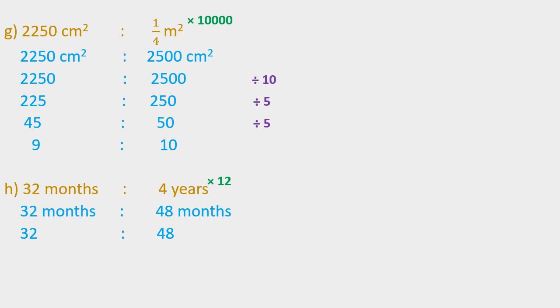We can divide the two numbers by 8. 32 divided by 8 equals 4. 48 divided by 8 equals 6. It's not the simplest form. We can divide the two numbers by 2, because they are even numbers. 4 divided by 2 equals 2. 6 divided by 2 equals 3.